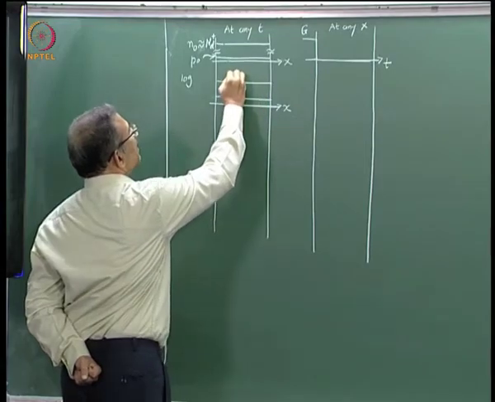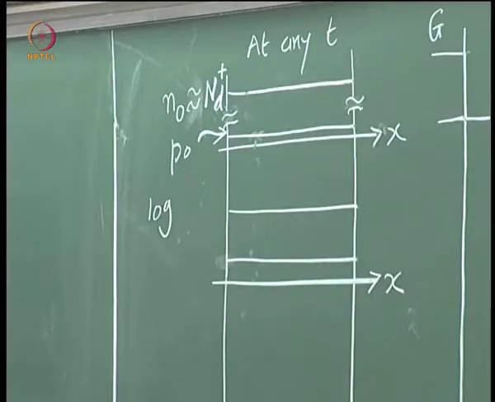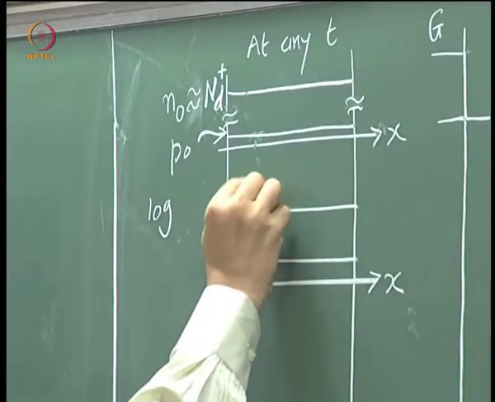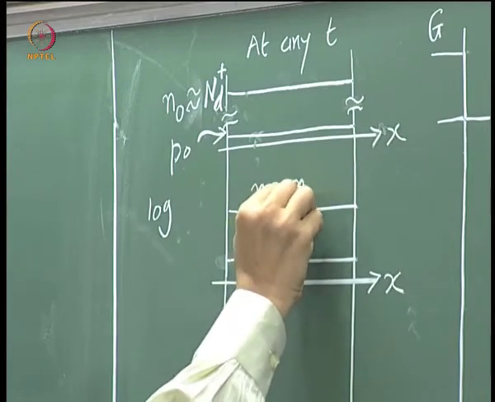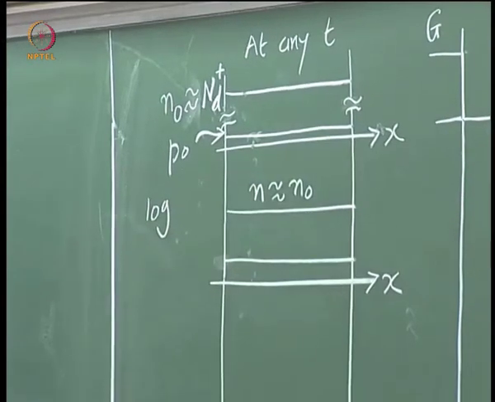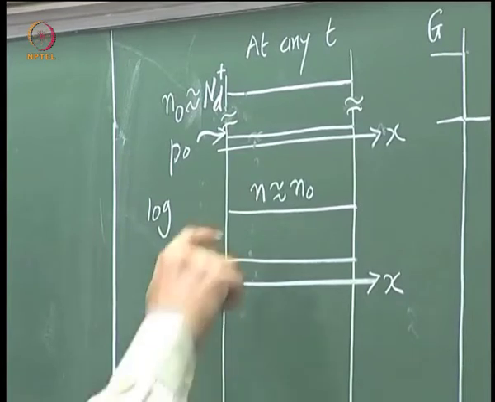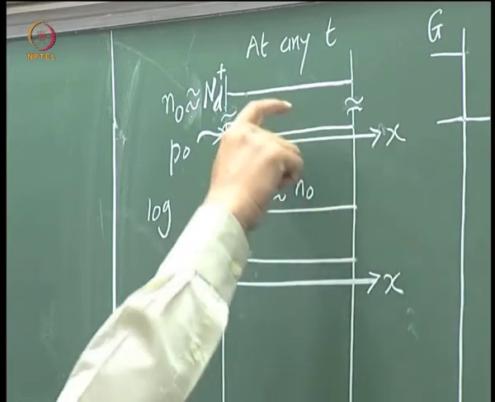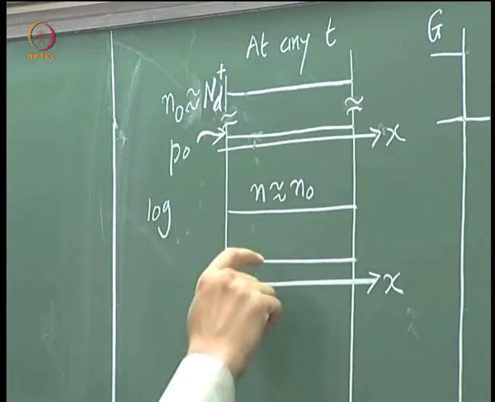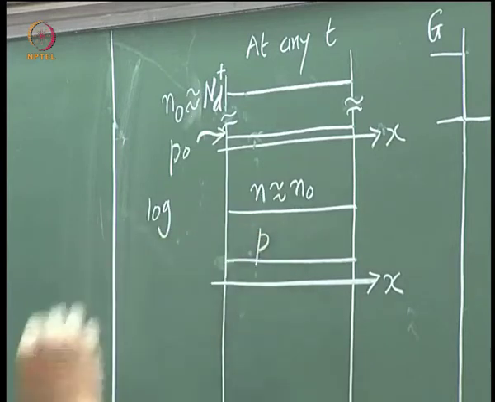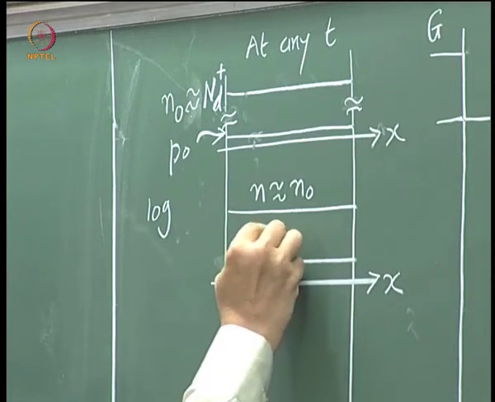Now, on a log scale, because the injection level is low, I can say that n is approximately equal to n naught, and so this line would be the same as the equilibrium condition line. On the other hand, p will be greatly disturbed as compared to the equilibrium picture.